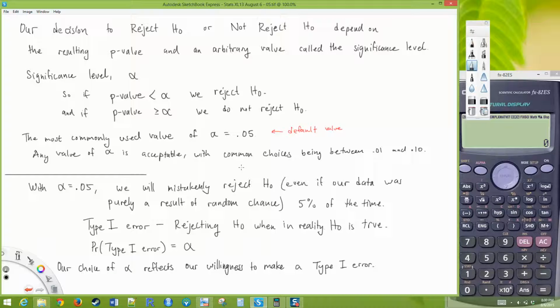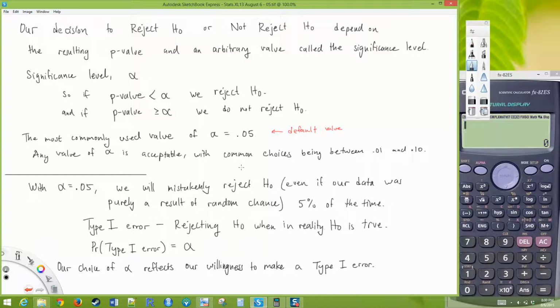We don't want to reject the null when the null is true, okay? So ideally, whenever the null is true, we don't reject it, and when the null is false, we do reject it. So we don't want to be making too many errors. So you might ask, well, why don't we just crank down alpha to be really small, okay? Then we would be making type 1 errors a lot less often.